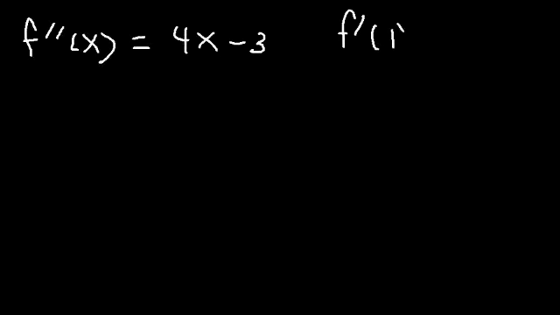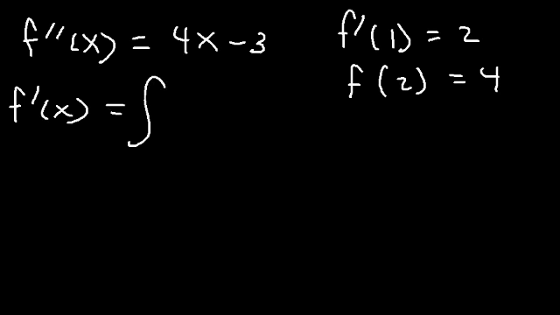Now what if you're given the second derivative? Let's say f double prime of x is 4x minus 3, and f prime of 1 is 2, and f of 2, let's say, is 4. You've got to find f of x, which means we need to integrate the function 2 times. So let's integrate it the first time to get f prime of x.